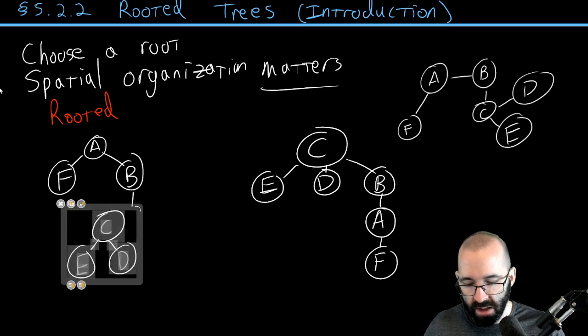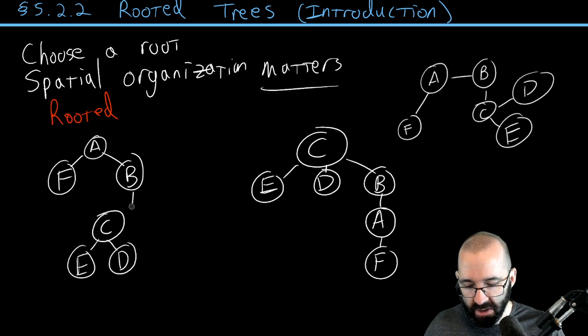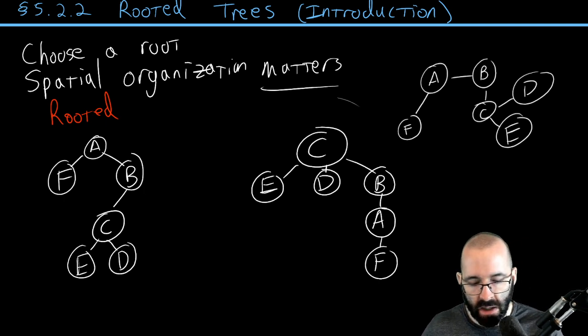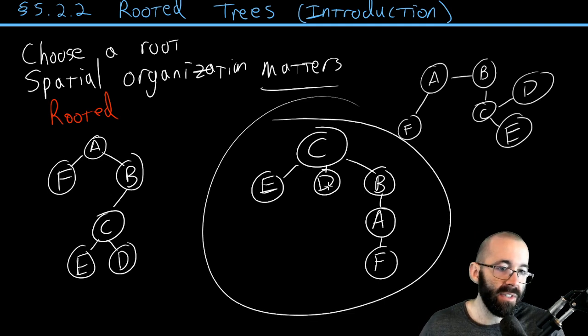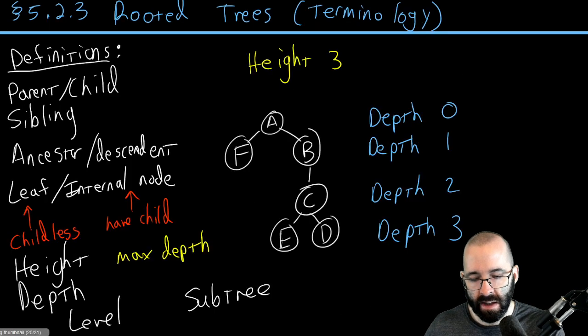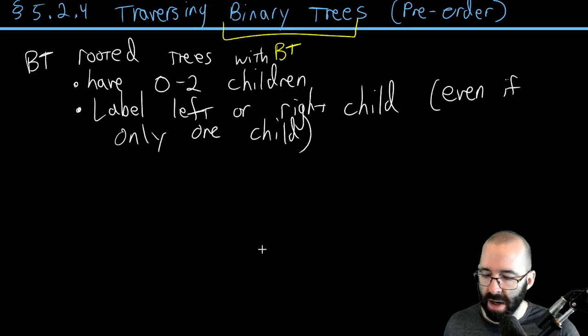So, if we make one small adjustment here, now it's a binary tree. We could have also made it a right child as well, and it would have been a binary tree. This is maybe obviously not a binary tree, right? C has too many kids. So that's what binary trees are.